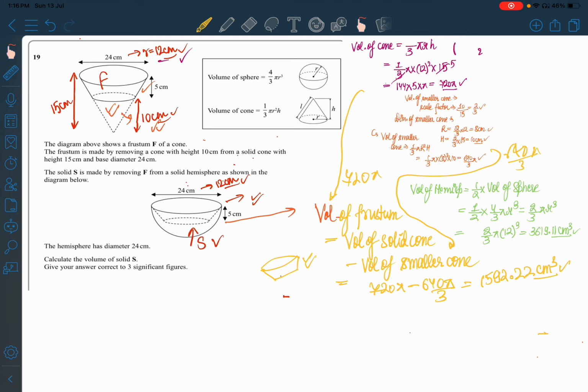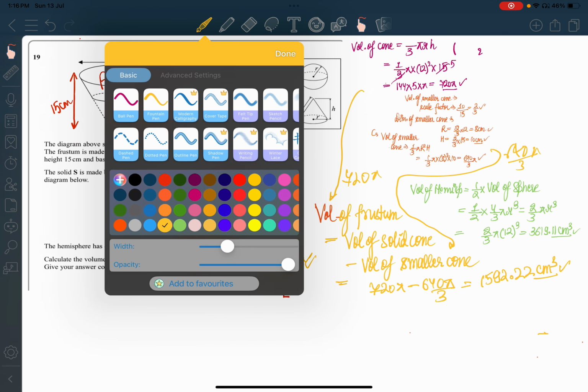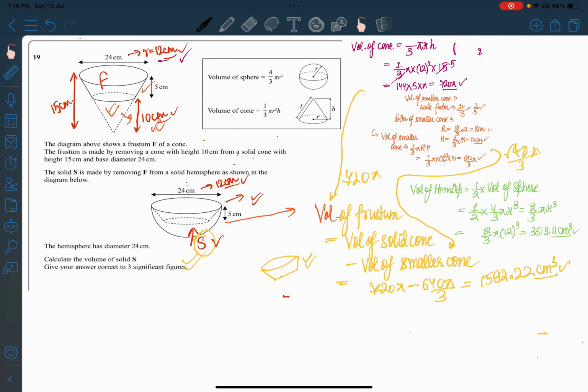Now we should find the volume of this solid S. This is the complete hemisphere, and this is the frustum.